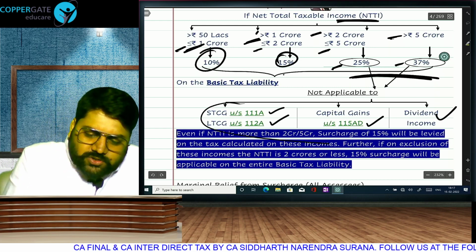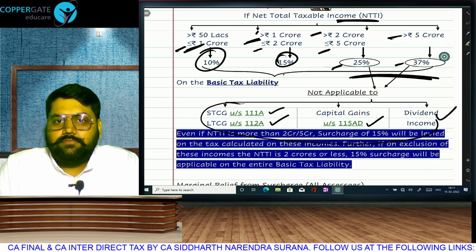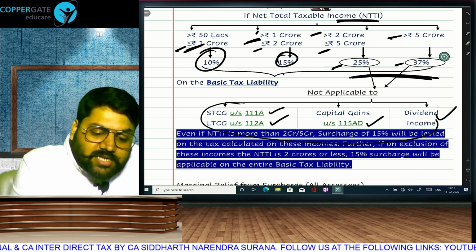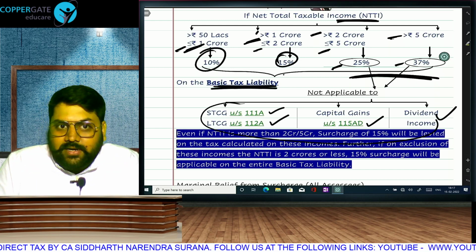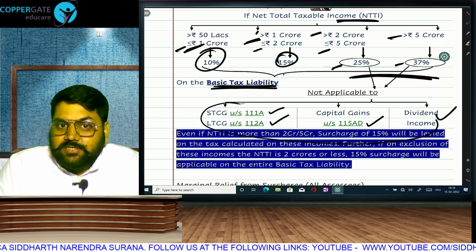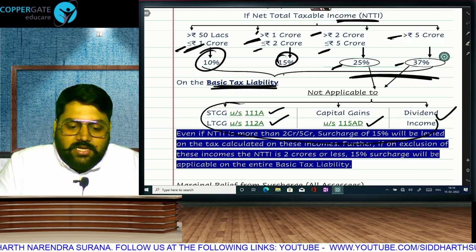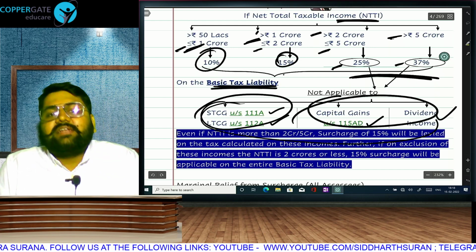Let me be clear, surcharge is not calculated on income. Surcharge is calculated on your basic tax liability. So first step will always be to calculate our basic tax. After we calculate our basic tax, then we apply surcharge. You split your basic tax. What is the basic tax of these incomes and what is the basic tax of other income?